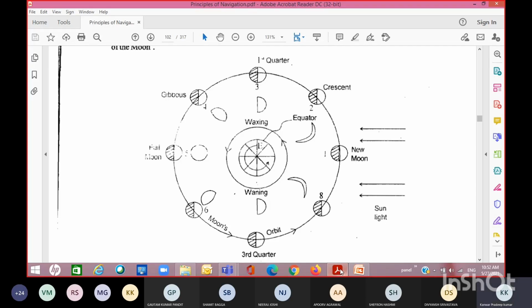One interesting point to note here is that the bulge of the moon is changing. The side which is facing the sun is illuminated.